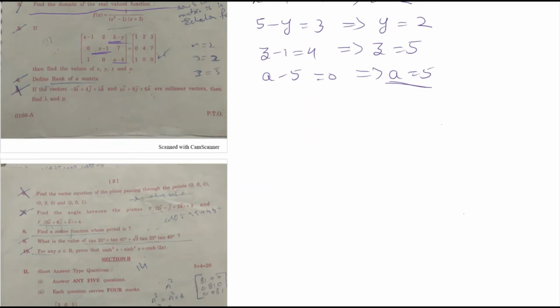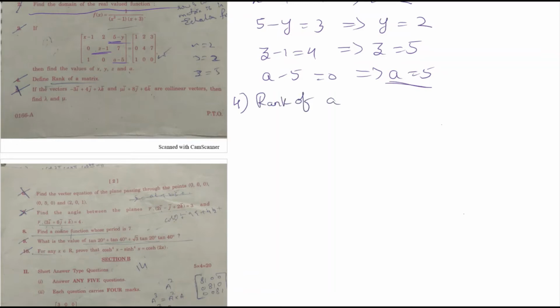Next is define the rank of a matrix. So the rank of a matrix is defined as the number of linearly independent row vectors or column vectors. So the fourth one is rank of a matrix.